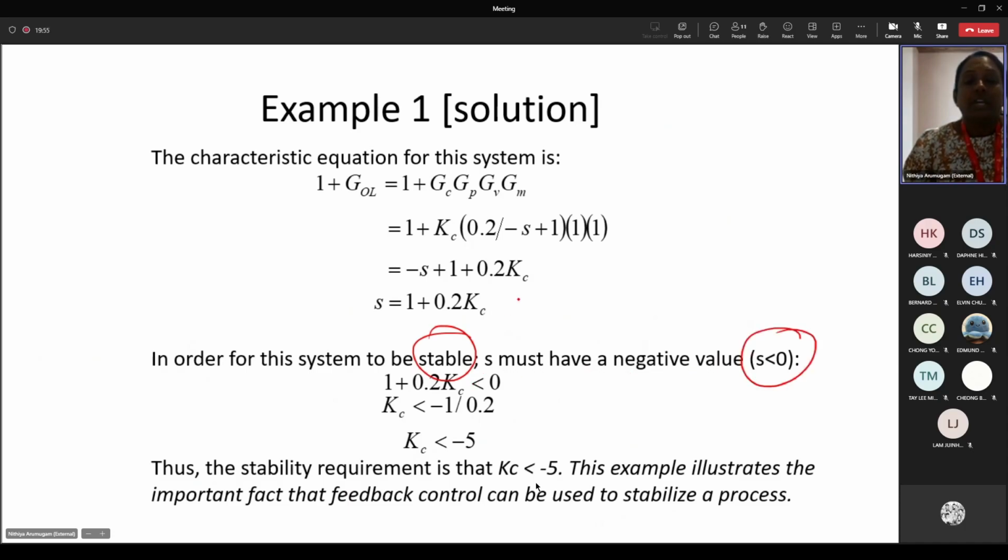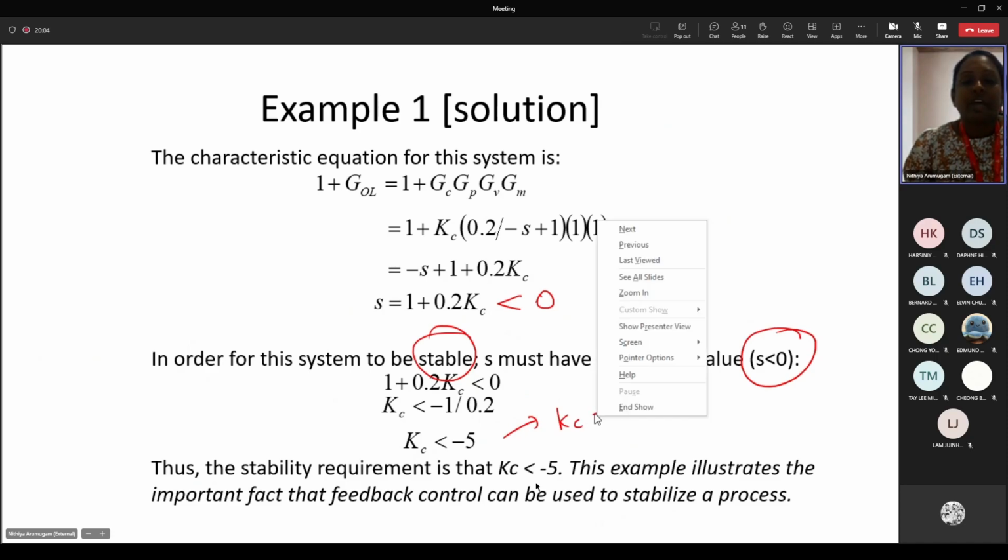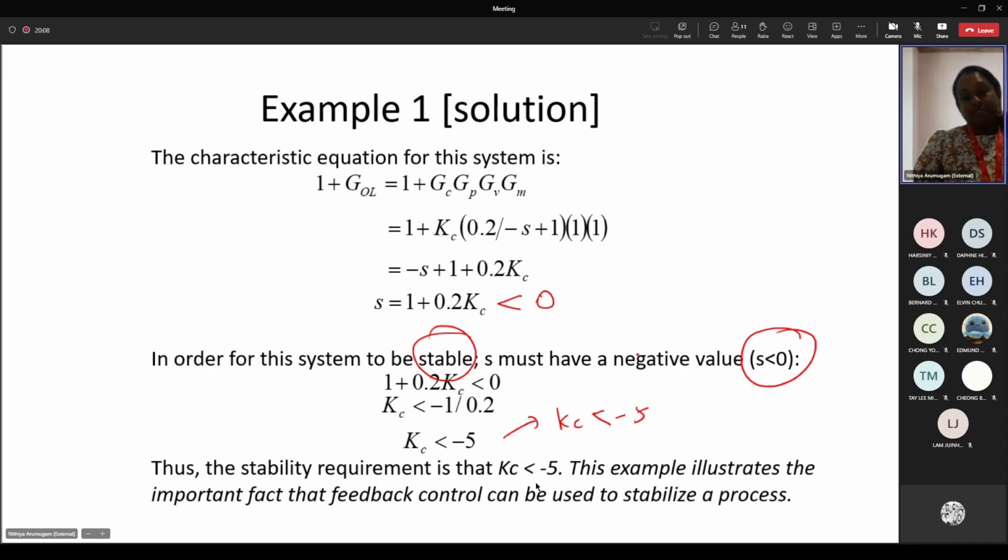So when you equate the entire equation to 0, you will get the Kc value at which range. In this case, solving will give you negative 5. So the stability requirement is that Kc is less than negative 5.